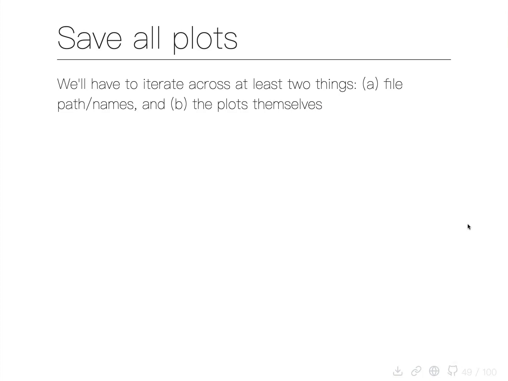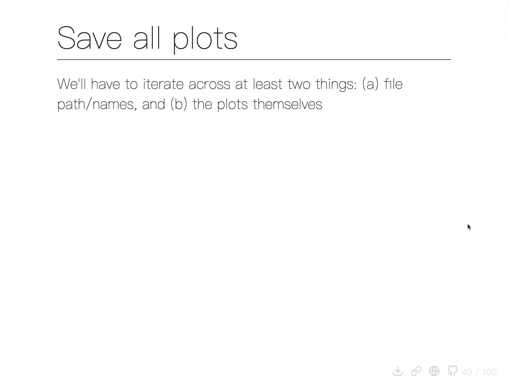So if we want to actually save these plots in some directory that we'll use for something else, well, then we've got to iterate over at least 2 things, right? We've got to iterate over the plots that we created, and we've got to iterate over the paths that we're using to save those plots.